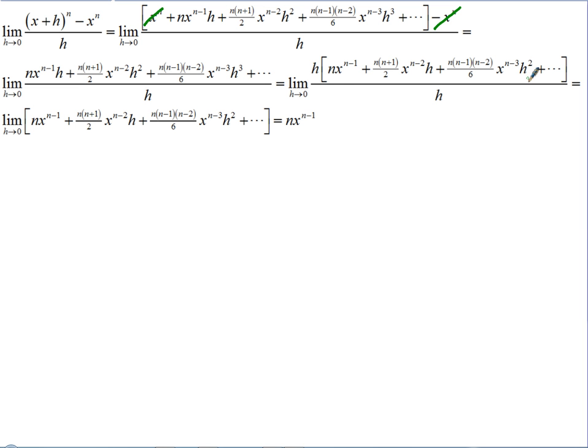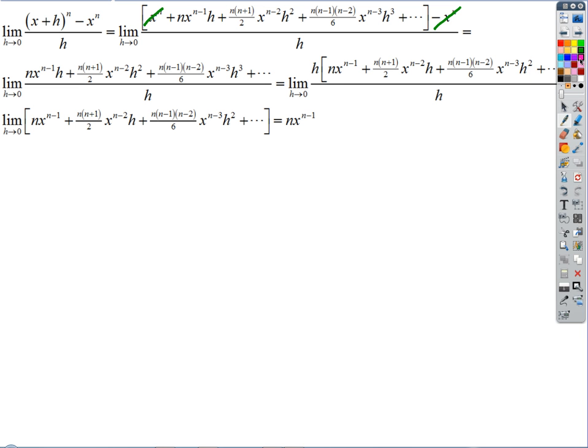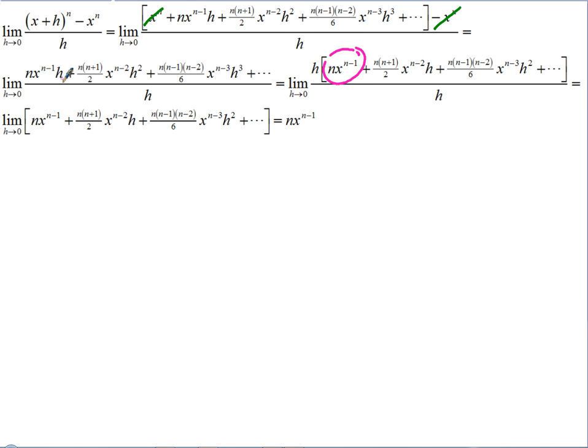The trend being that only this first term, which only had a single power of h, gets, after we factor the h out, no longer has an h, right? All the rest of them, because they started off with powers of h that were 2 or bigger, when I factor out the h, they're still going to have some h's attached to them.